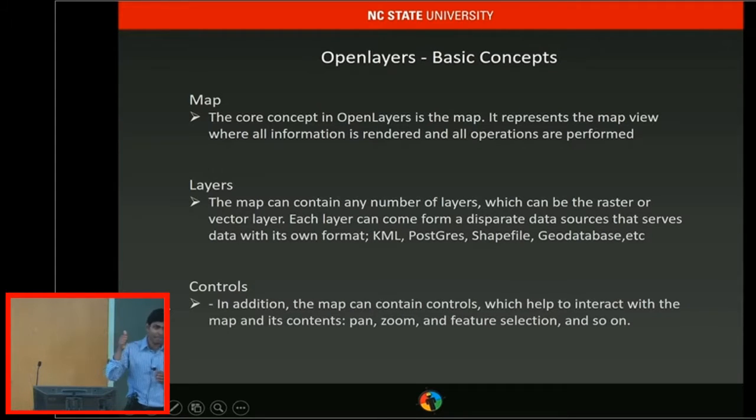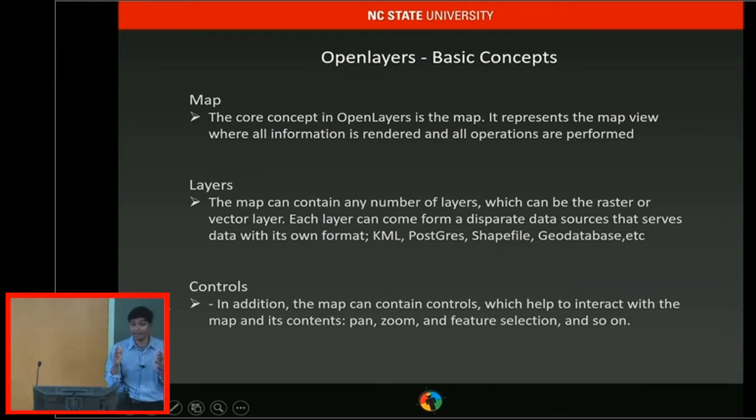Number one, map. Anything that you do on the web browser, any information that you see, is built on top of a base class or base object called map. And you add layers. Number two is layers. Anything that you add on top of the map, all the information, is again an object within the API called layers.